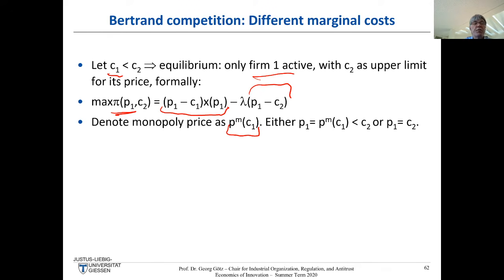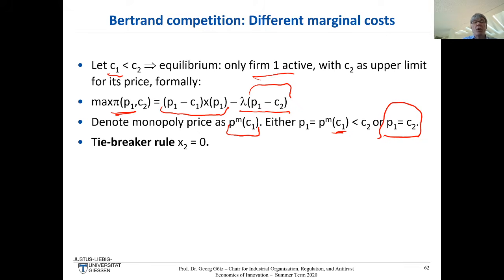So if the monopoly price is above the rival's cost C2, you set this so-called limit price P1 equal to C2. And in this Kuhn-Tucker approach, this complementary slackness condition just accounts for that in technical terms. If your monopoly price, given your low cost level C1, is below the price of the rival, you will charge the monopoly price. Okay, is that clear?